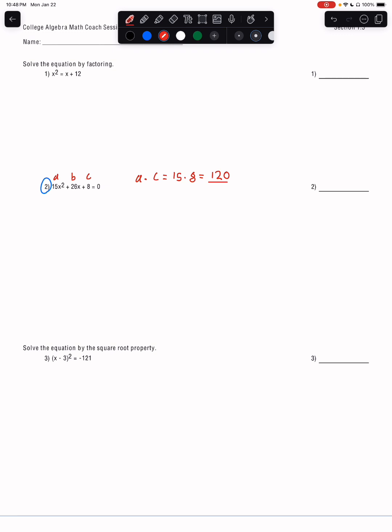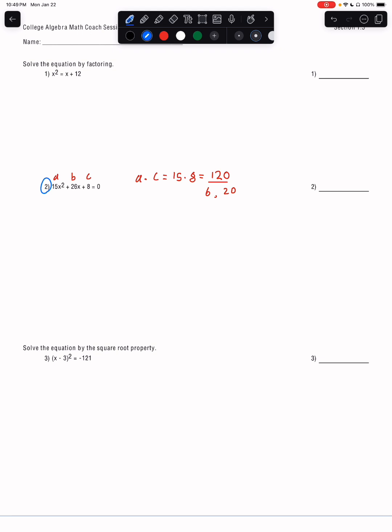The next trick is to find factors that are divisible and they add up to 26 over here, when they add up to the B term. So if you punch through your calculator and go through all of them, you're going to find 6 and 20. 6 and 20 obviously add up to 26, and they also multiply to 120.